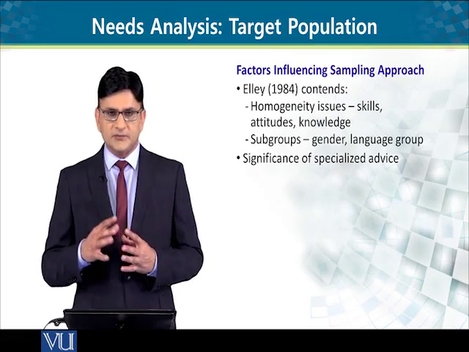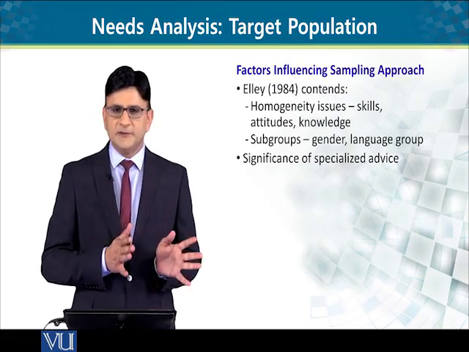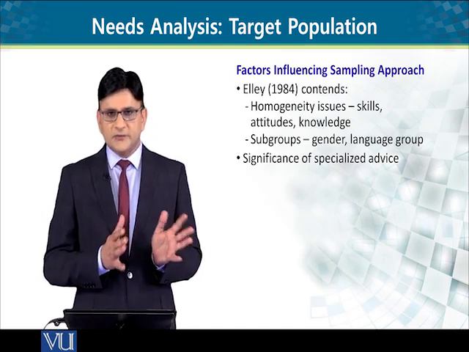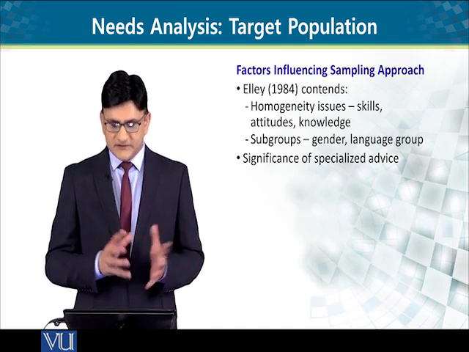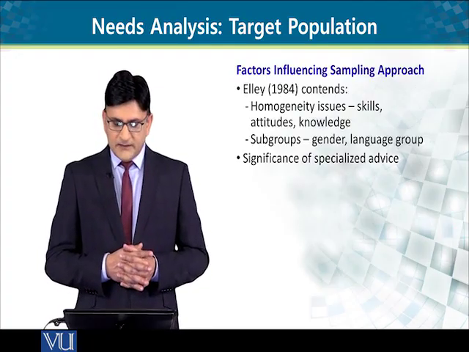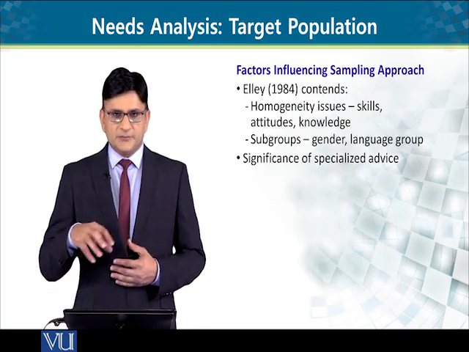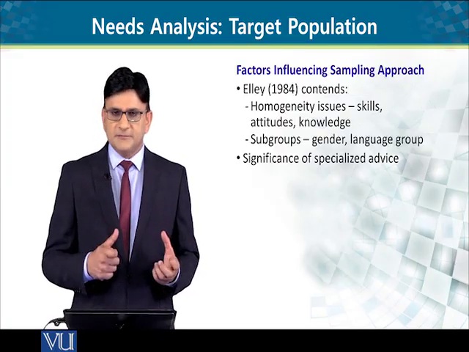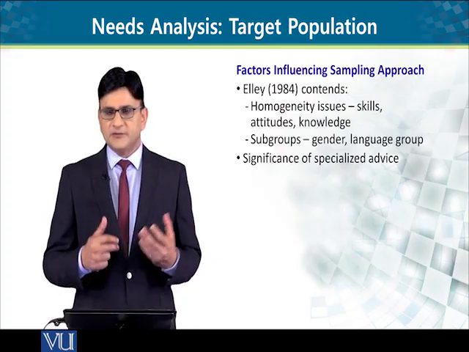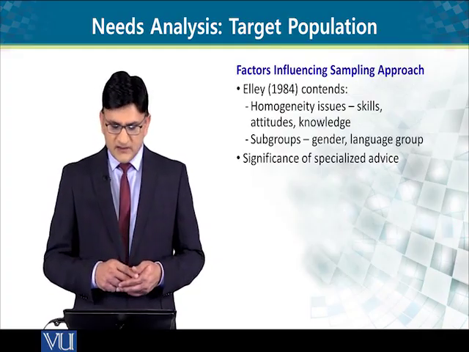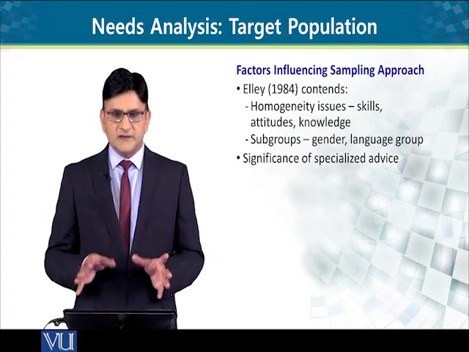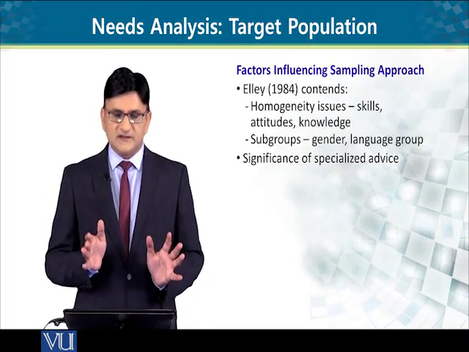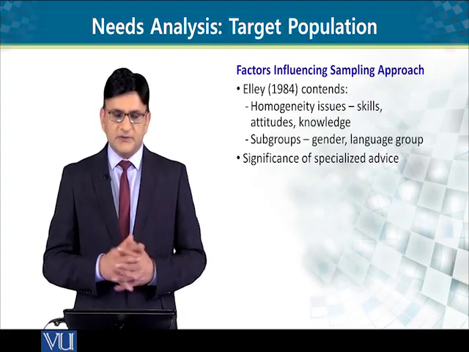I mean, whether the target population is going to be mixed gender, both male and female, or a combination of both. And then the language group, which group? Okay? It could be, for example, Punjabi students, and it could be Sindhi or Balochi students. So we need to be sure about these factors while making decisions about the sampling approach.